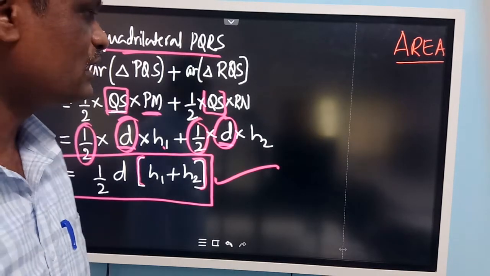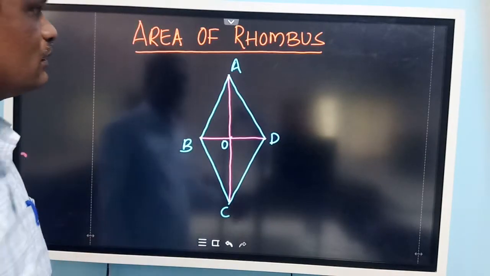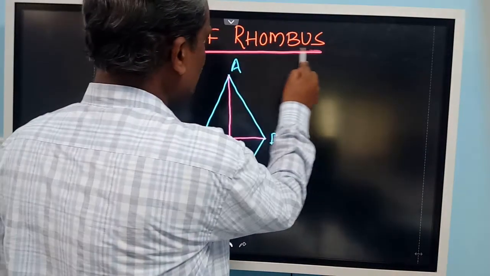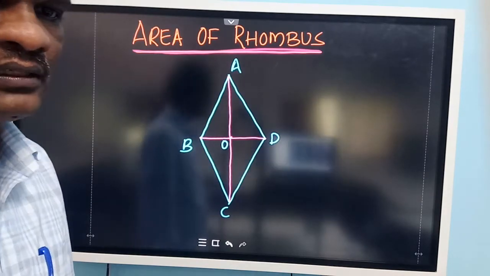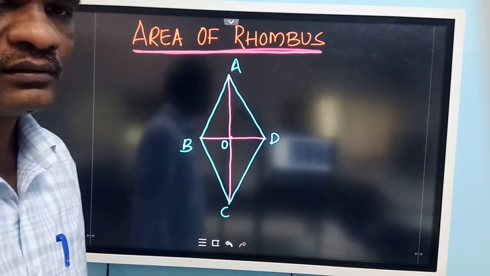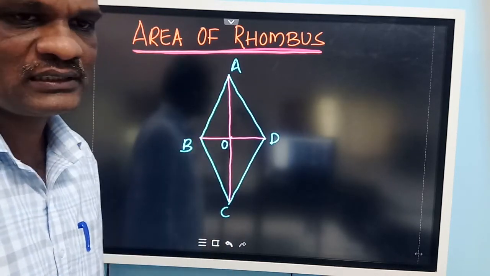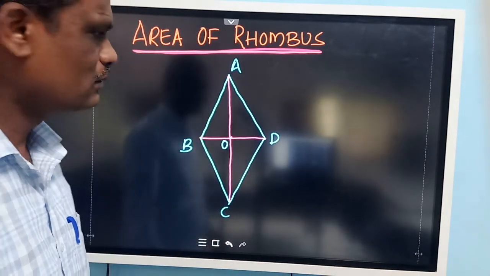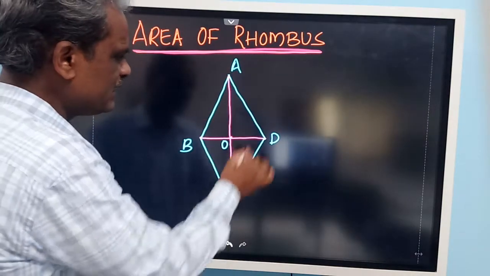So let's go to another important diagram, that is the area of a rhombus. What is a rhombus? You know what a rhombus is. It's a quadrilateral; what are the special properties of this quadrilateral? All the four sides are equal.